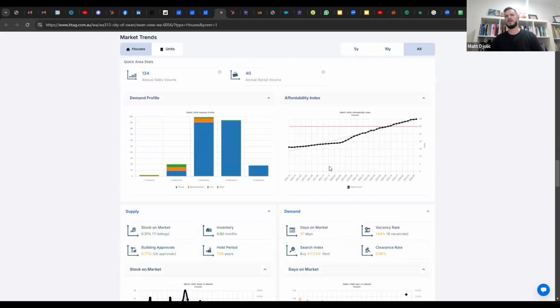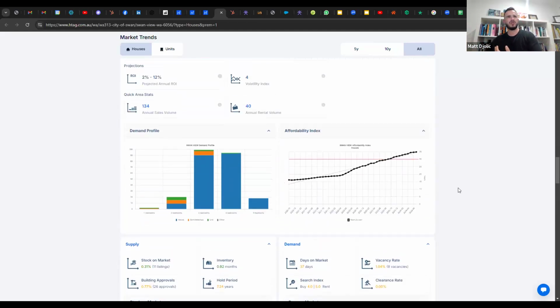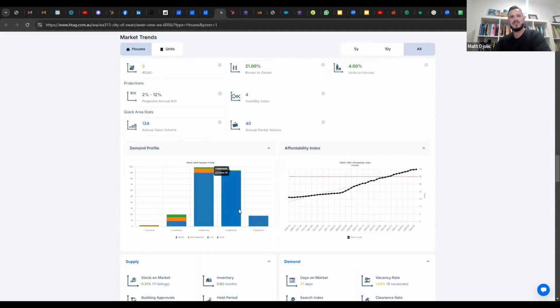My concern for this area would be I have to watch out for vacancy rates. And if I was to purchase a home in this area, I would need to really look at asset selection and make sure that I purchase something that really stands out so it can be rented out. In doing so, let's look back at the demand profile and see the 3 and 4 bedroom homes are mostly in demand.